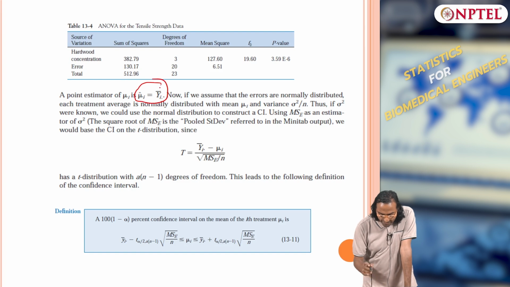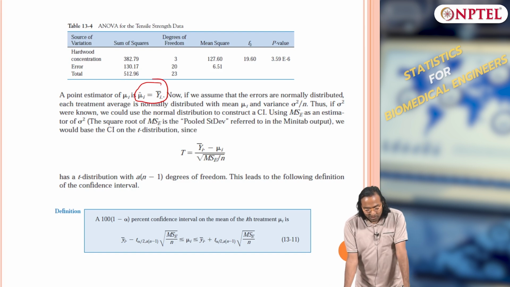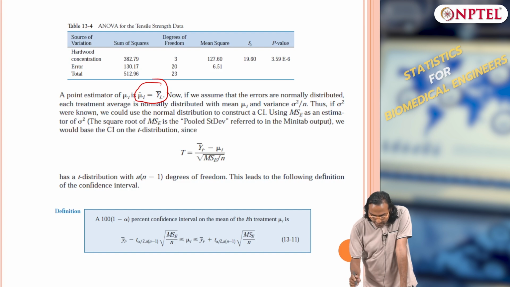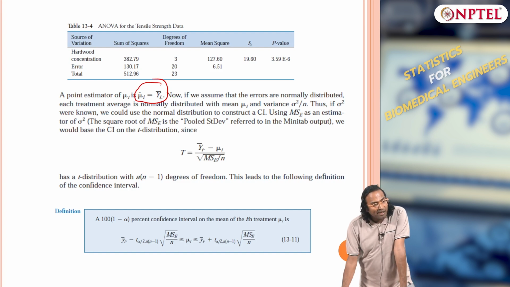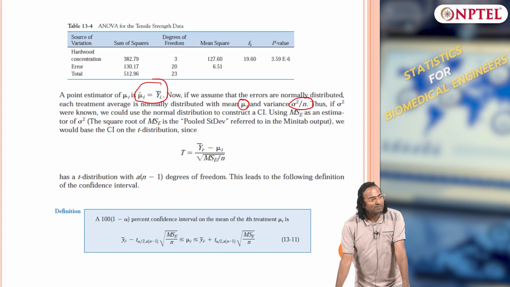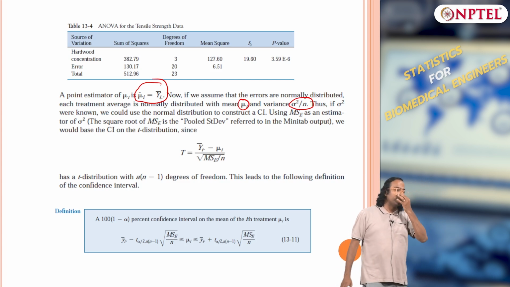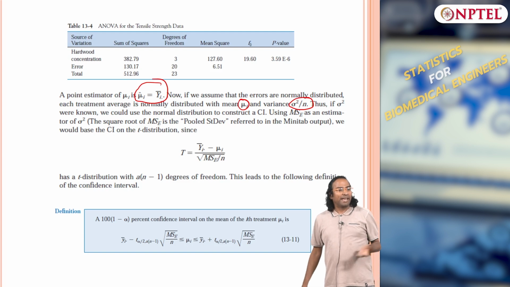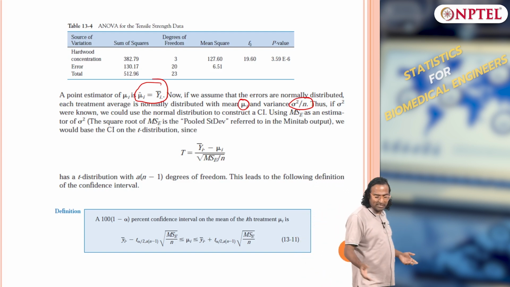Now of course we assumed in the beginning that the errors are normally distributed, and the mean is mu i. What is the variance? Sigma squared by n for each treatment, since for each treatment there are n samples. The variance of x bar is sigma squared over n. That is the same idea.